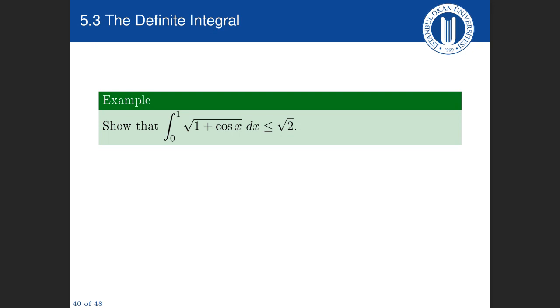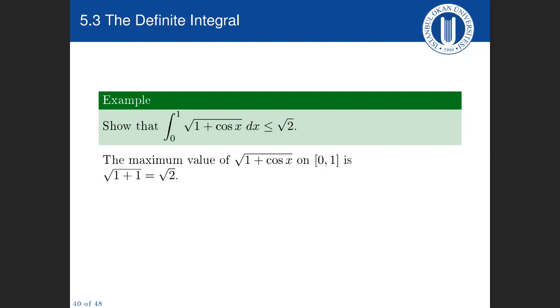For example, show that the integral from 0 to 1 of the square root of 1 plus cos x dx is less than or equal to the square root of 2. Well, we had one of the rules about this. Let's look at the integrand first. The square root of 1 plus cos x if x is between 0 and 1. What is the biggest that this could possibly be? What is the biggest possible value of cos x?